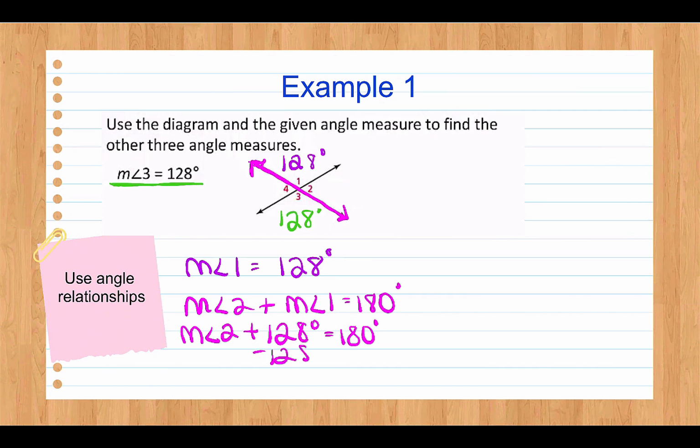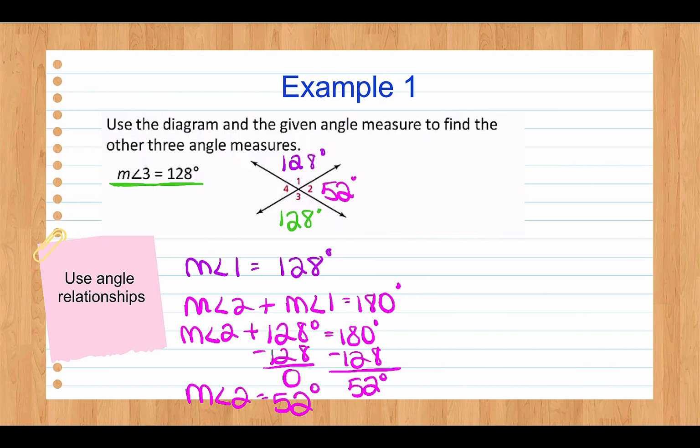If I subtract 128 from both sides, I get 52 degrees. The measure of angle 2 is 52 degrees.